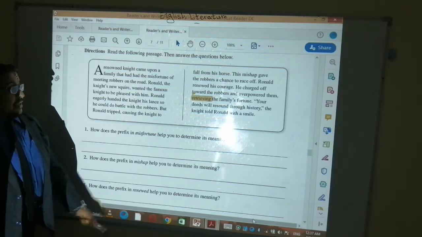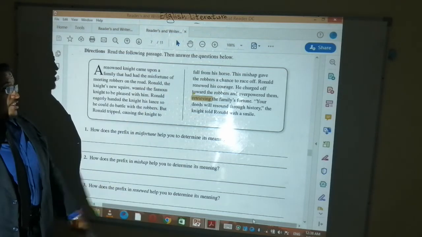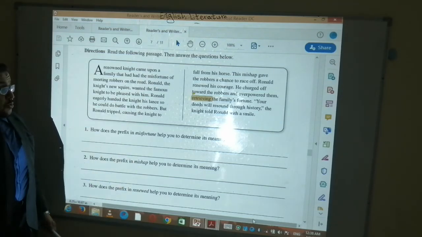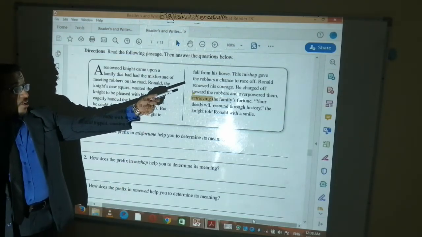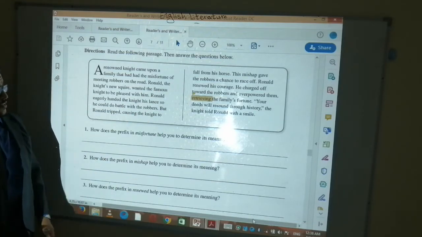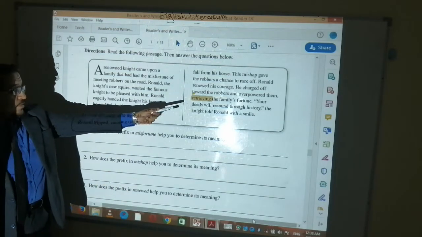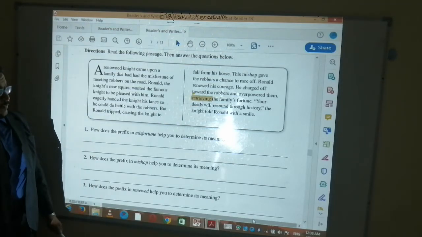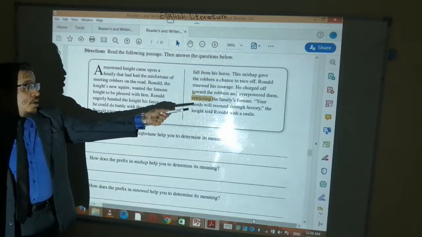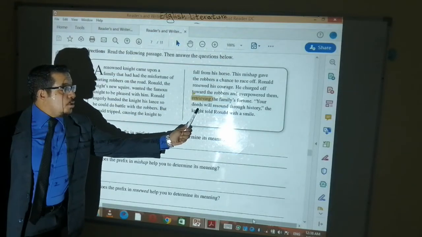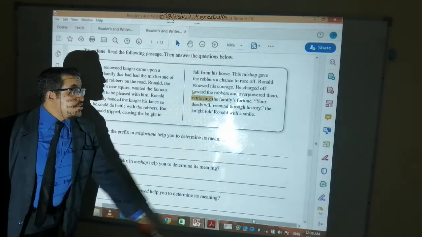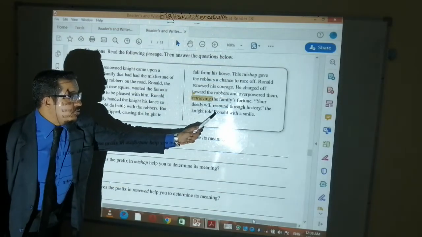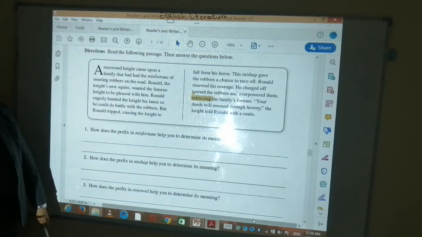This mishap gave the robbers a chance to race off. Ronald renewed his courage. He charged off towards the robbers and overpowered them, retrieving the family's fortune. "Your deeds," he said, "your deeds will resound through history." The knight told Ronald with a smile.